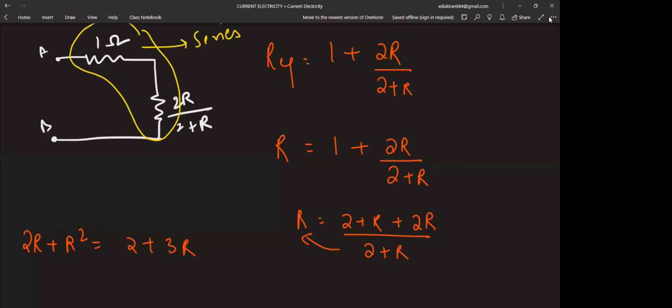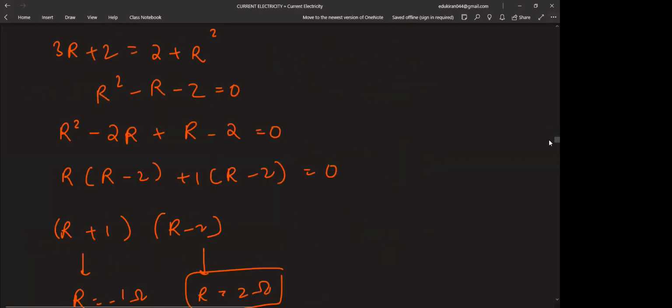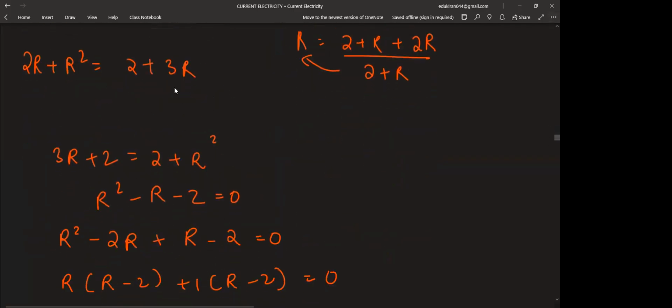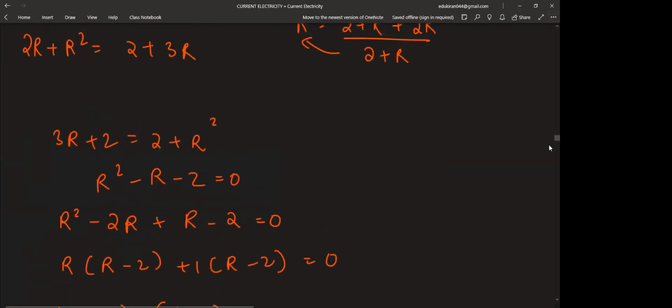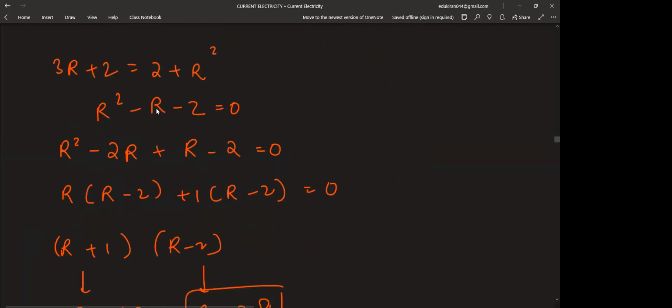So we can form an equation here. See, this will be 3R plus 2 is equal to 2 plus R whole square. Correct? If we take R common from here. So when you solve this equation further, this is R square minus R minus 2 is equal to 0.